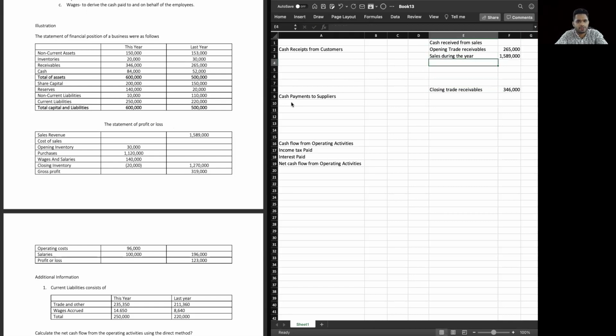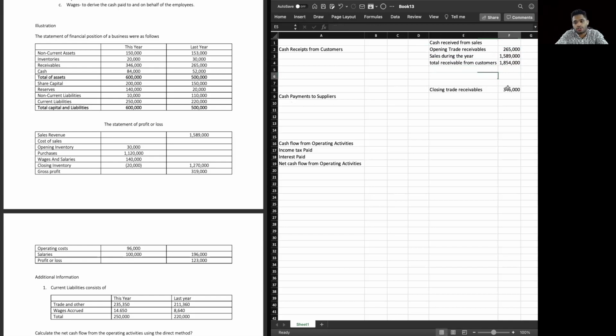1,589,000 is going to be the sales during the year, which means the total receivable from customers is going to be 265,000 plus 1,589,000, which is 1,854,000.